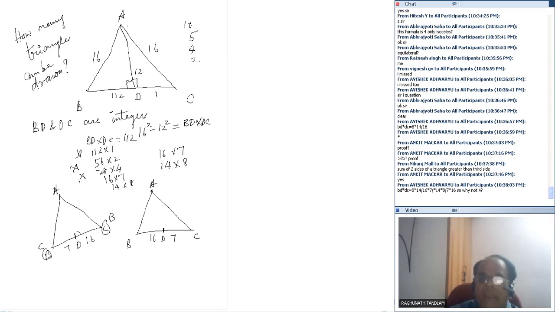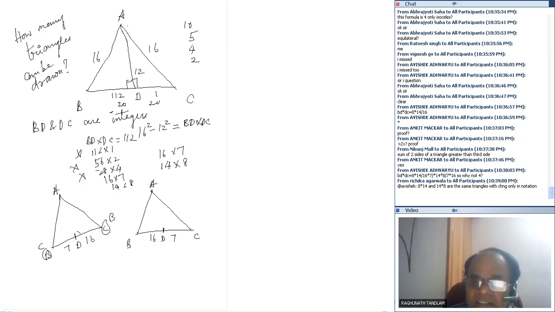And 20 plus 20, if you write here, it's not possible, because the sum of two sides must be greater than the third side, Rogan. If it is 16 plus 16, that is 32. 32 should be greater than BC, or not.